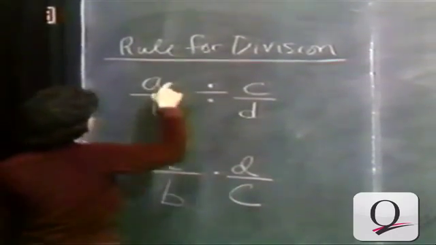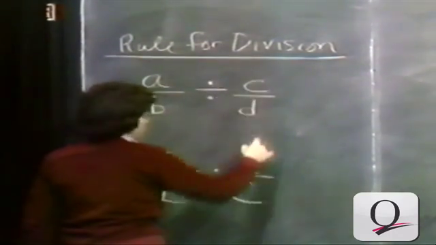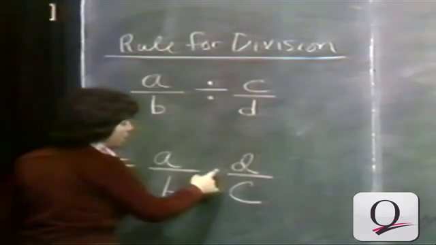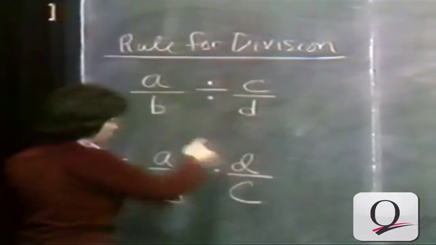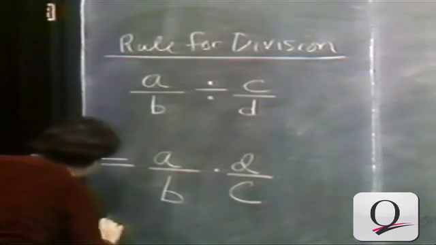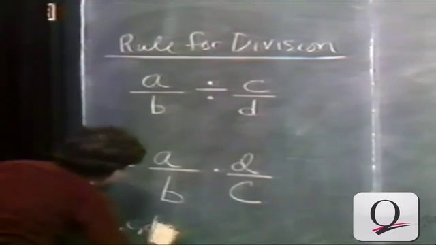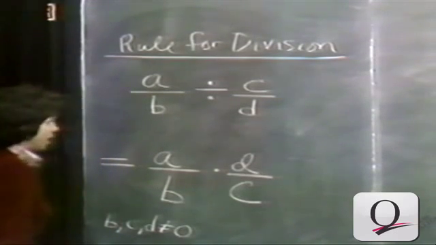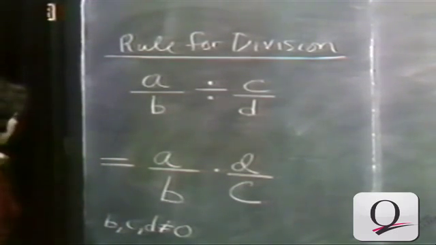Instead of A over B divided by C over D, we have A over B times D over C. Of course, we're assuming here that B, C, and D are all non-zero. You can't have 0 in any of the denominators.